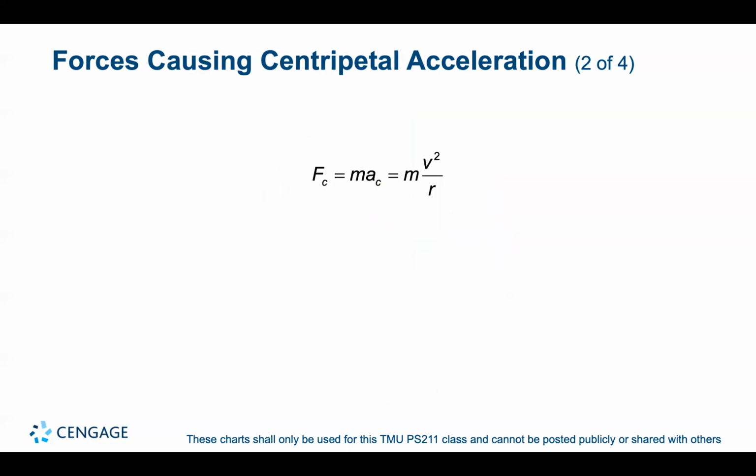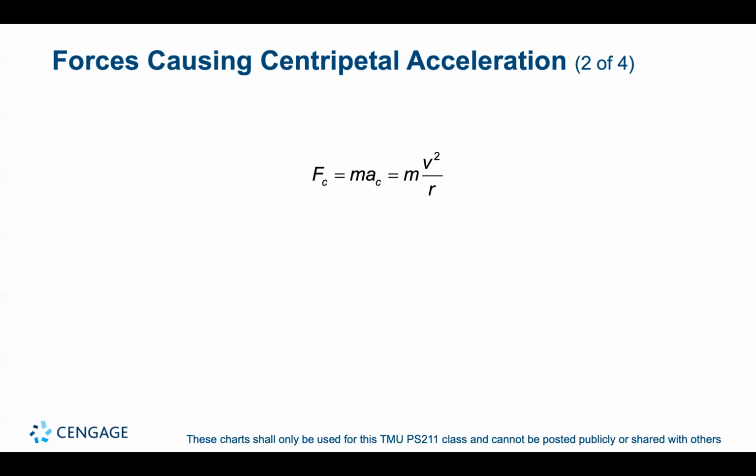In general, when converting Newton's second law to polar coordinates, we get an equation relating the net centripetal force, F sub c, which is the sum of the radial components of forces acting on the given object, to the centripetal acceleration. The magnitude of the net centripetal force equals the mass times the magnitude of the centripetal acceleration as shown in the equation here.